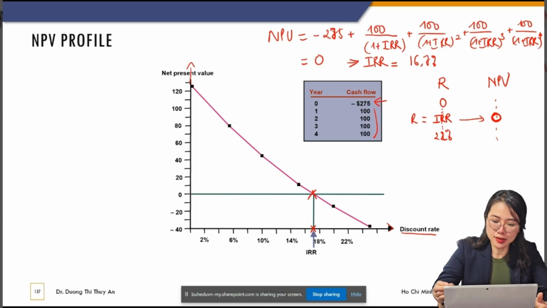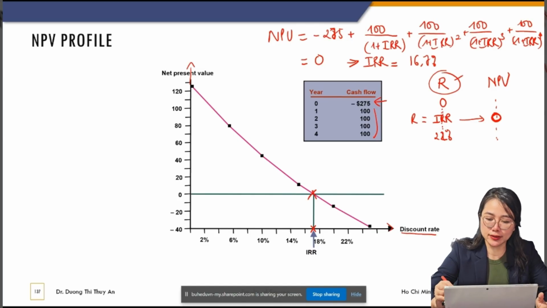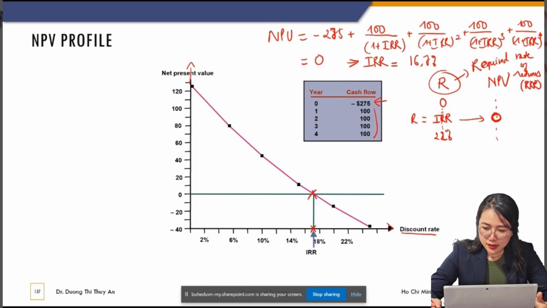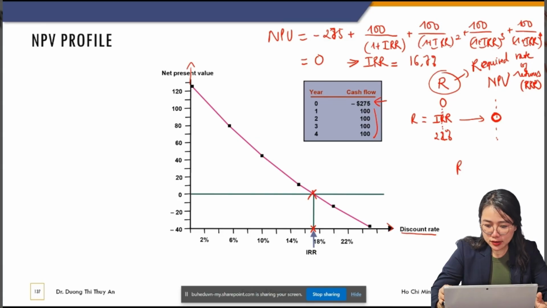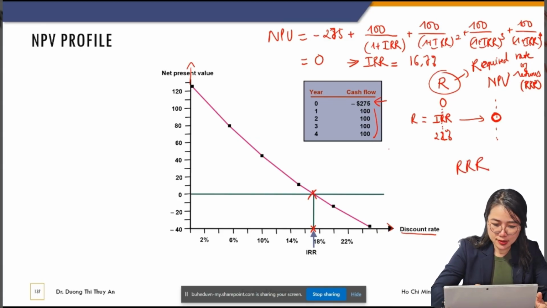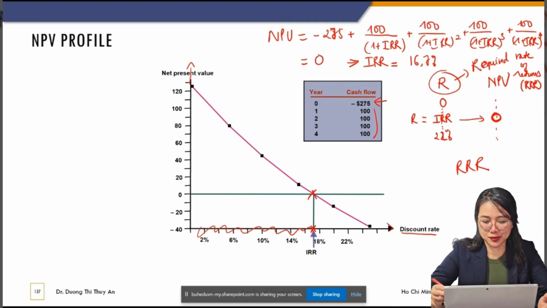So we only accept if the discount rate, in other words here we call this the required rate of return, is smaller than the IRR, in order to have NPV greater than 0.